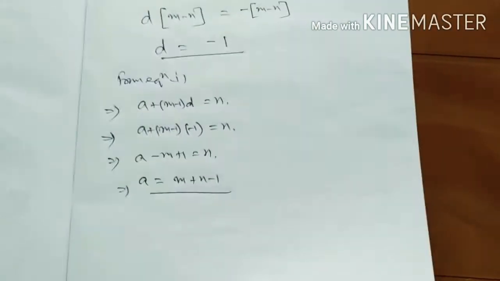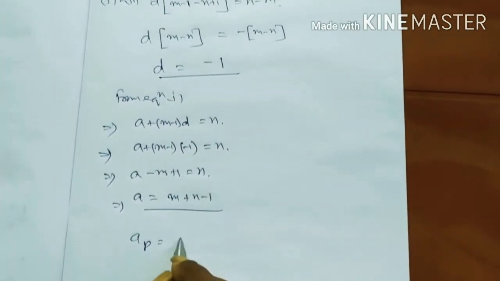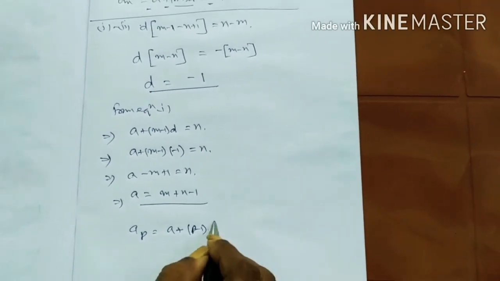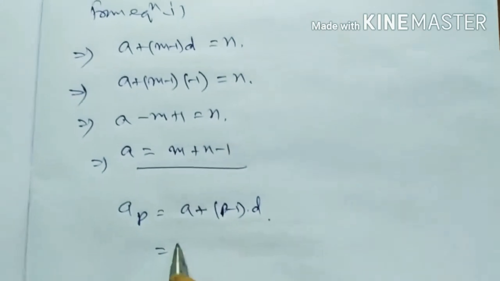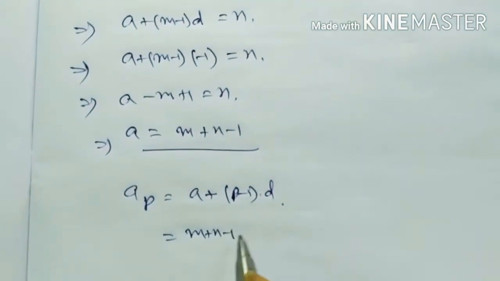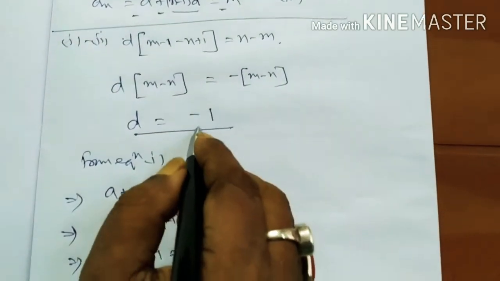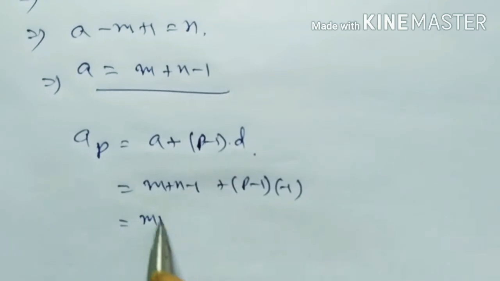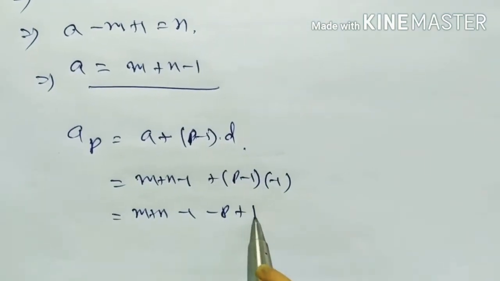Now I will find the value of the pth term as asked in the question. a(p) is equal to a plus (p minus 1) times d. The value of a is m plus n minus 1, and the value of d is minus 1. So m plus n minus 1 minus p plus 1.